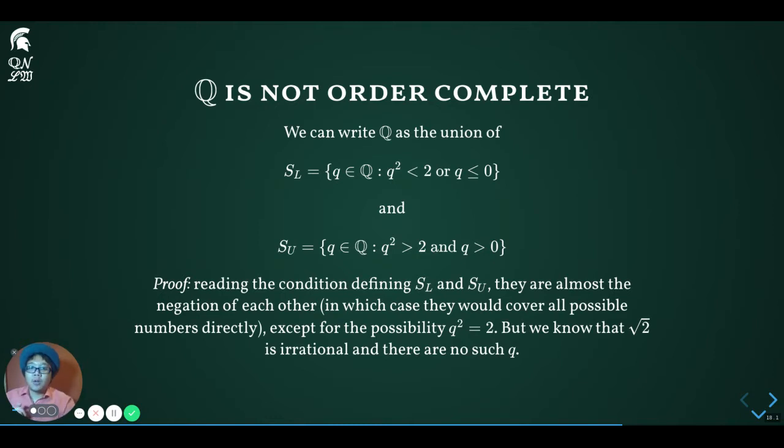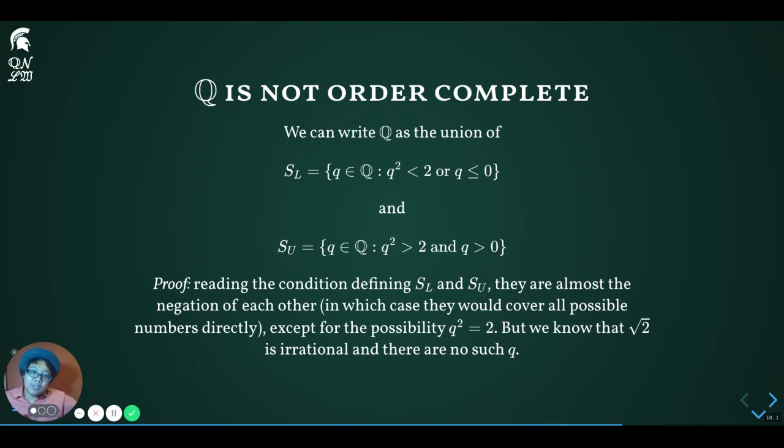We define SL as the set of all negative rational numbers together with all rational numbers whose square is less than 2. We define SU as the set of all positive rational numbers whose square is larger than 2. The conditions used to define these two sets are almost negations of each other.